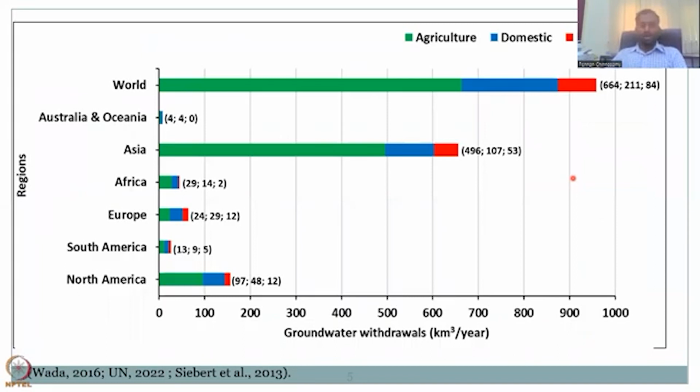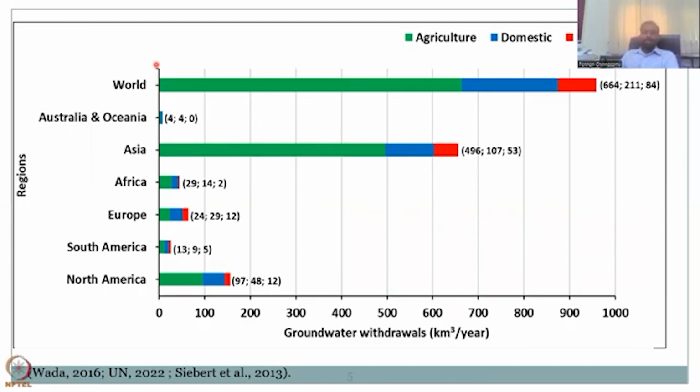We can also see the groundwater withdrawals in another paper for the world, and how the water budgets are spread. Agriculture takes the biggest percentage of groundwater applications, and then domestic uses, and industry uses.